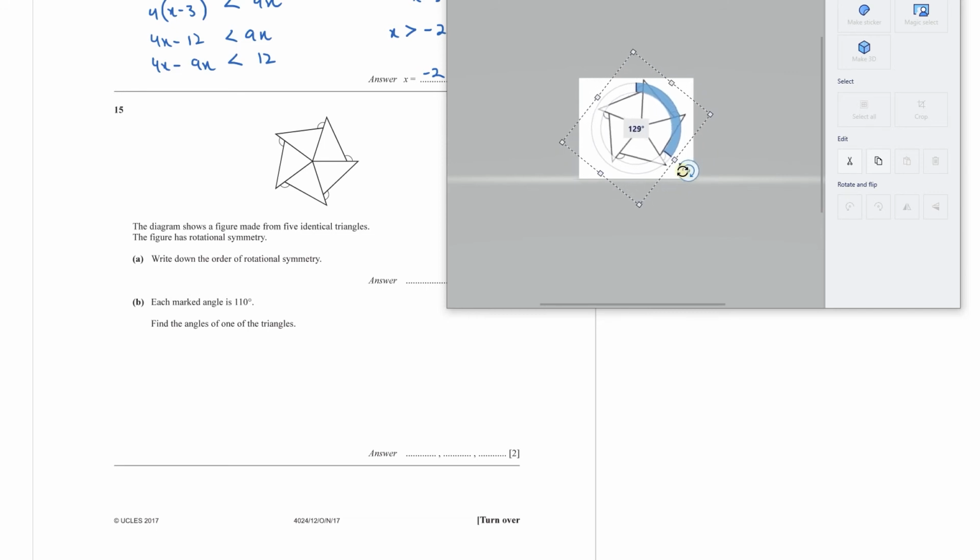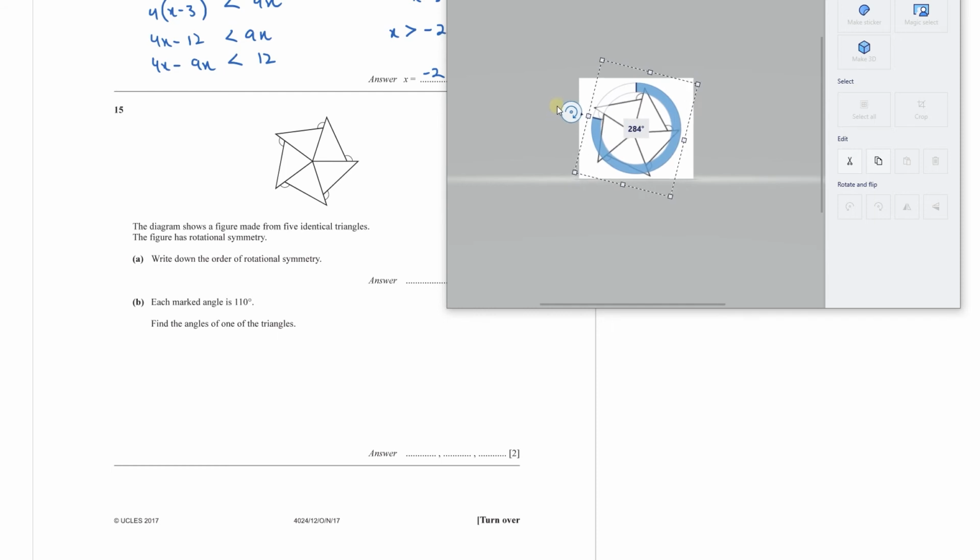So I keep rotating, and I stop here. Now this is again looking the same as this original diagram. So this is 2. Then I start to rotate again, keep rotating. Then I stop here, right about here. And this again looks the same as this. So now 3. So you're basically just counting.